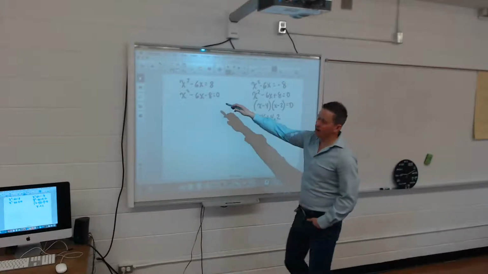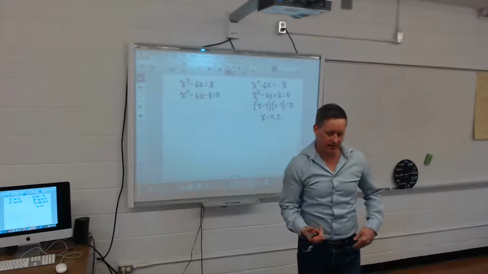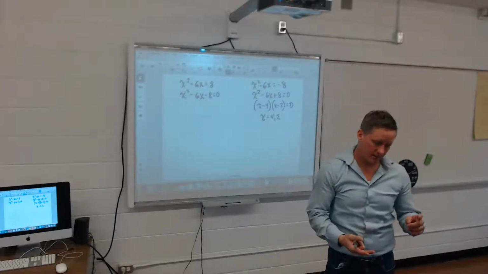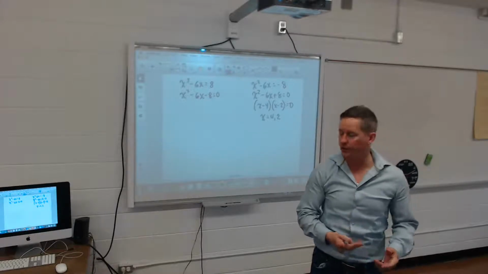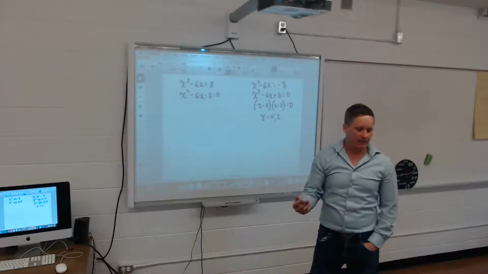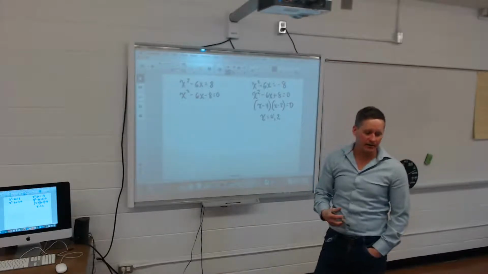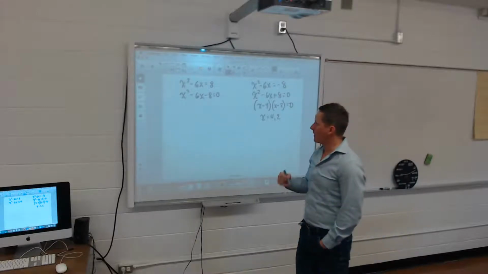The one over here is not factorable. So now I have a decision to make: complete the square, graph it, or use the quadratic formula. To me, it doesn't matter which. I'm probably choosing to complete the square here, because it's actually fairly quick.